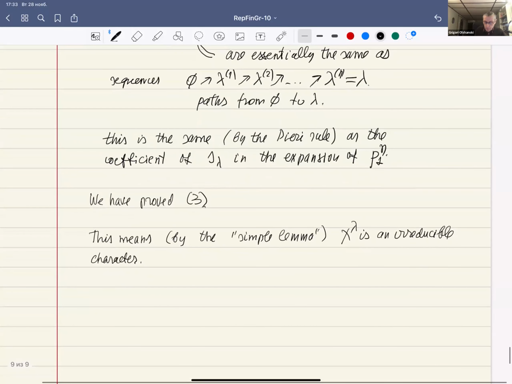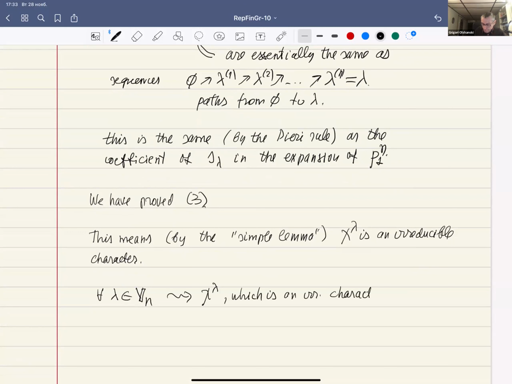So what we get is that for any Young diagram there corresponds this function, which is an irreducible character.